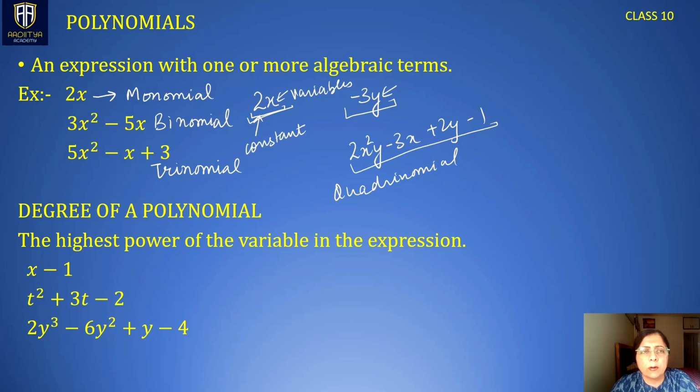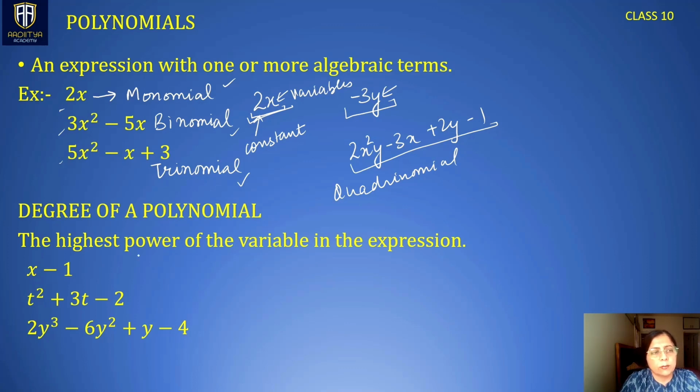So we can have polynomials of any kind. These names are given to the polynomials according to the number of terms present in an expression. So this is a monomial, this is a binomial, this is a trinomial, and the general term given to all these expressions is called a polynomial.